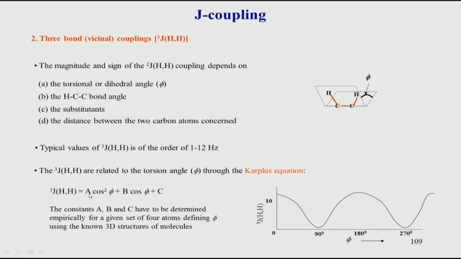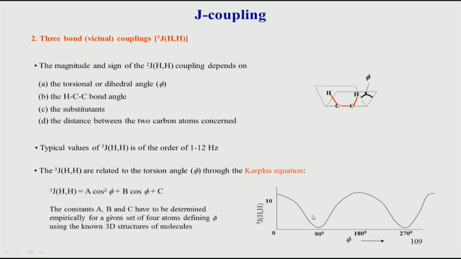So, in a particular molecule you will have a variety of different types of 3 bond J couplings, vicinal couplings, and for each typical type of those couplings we will have to determine empirically, experimentally, or based on the different values measured experimentally we can figure out by fitting the values of A and B and C if we know the structure. So, this is what it shows here.